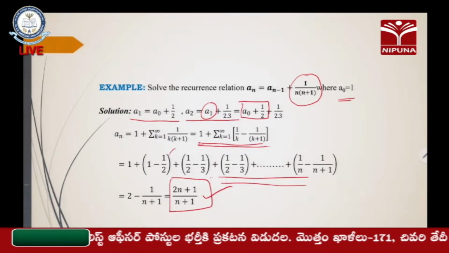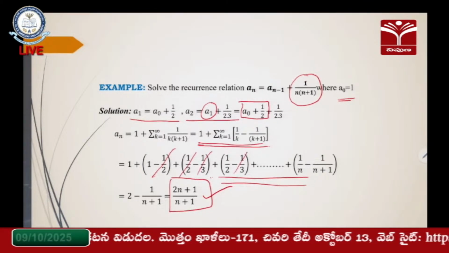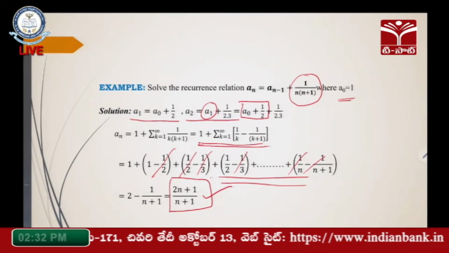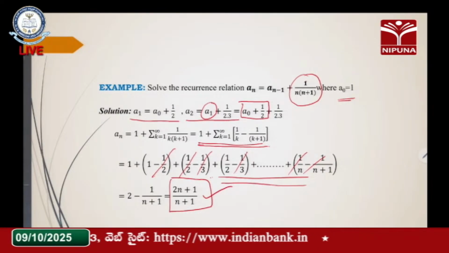All the middle terms get cancelled and we are left with 2 minus 1 by n plus 1. So, this is the solution of the given recurrence relation an equal to an minus 1 plus 1 by n into n plus 1. I think this is the substitution method.